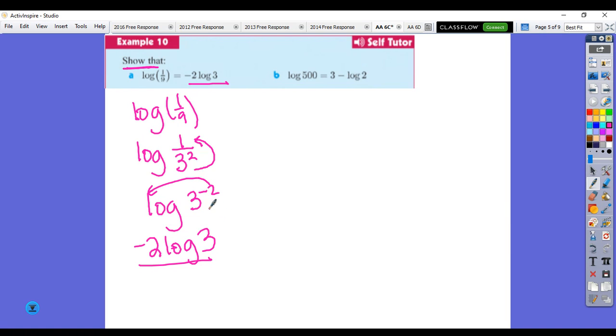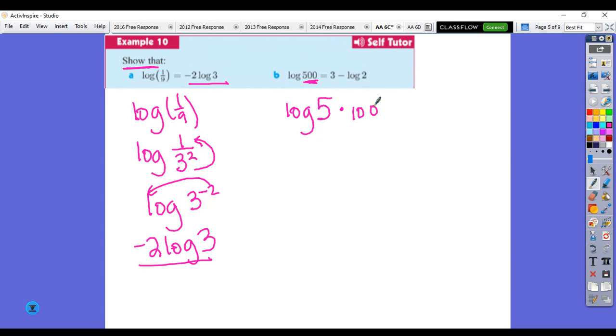When it says show that, we just used properties to show that the left side equals the right side. Okay, now we've got to think about what we were doing before and how we're going to get this. Okay, so first of all, we want to think about what is log of 500. All right, so 500. So my first thought is that's 5 times 100.